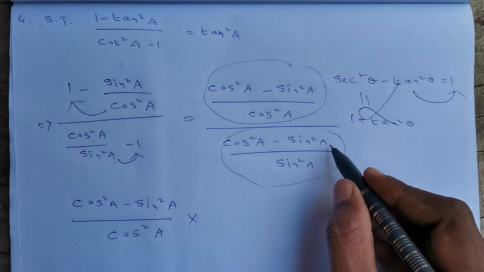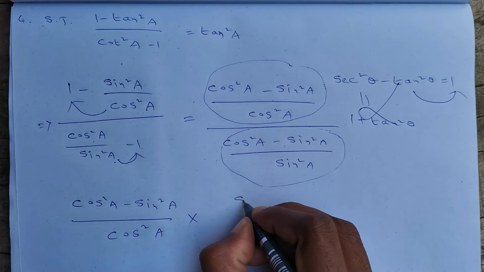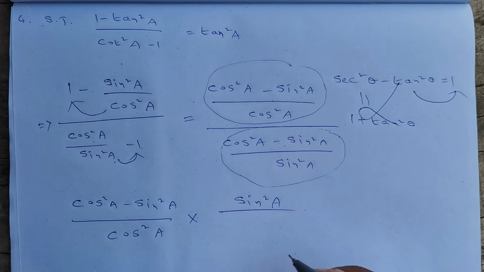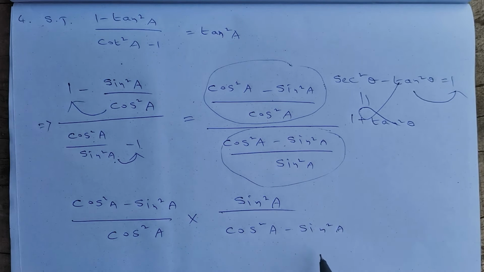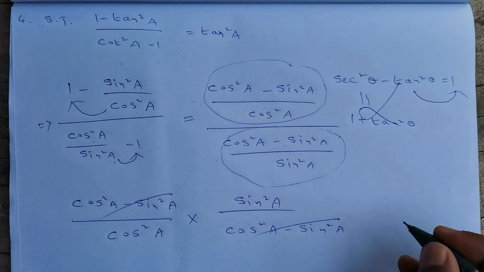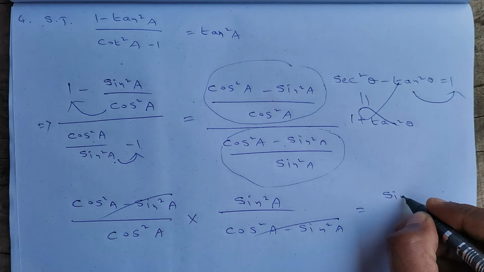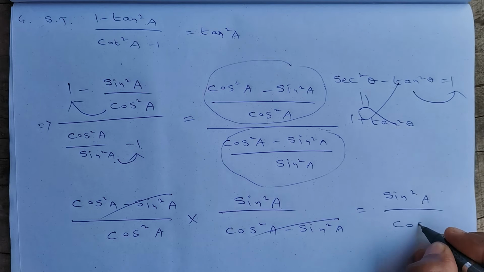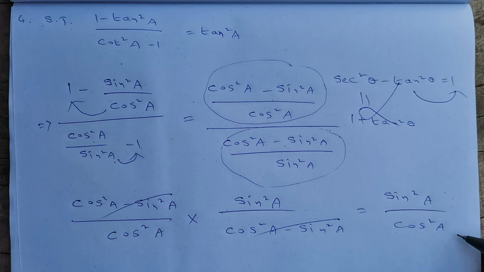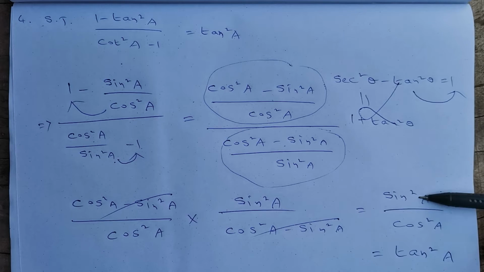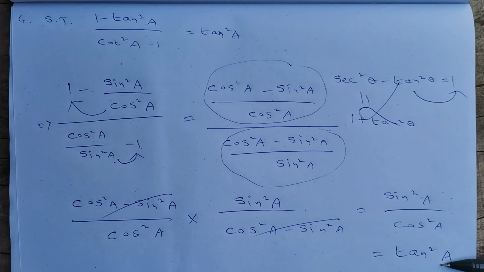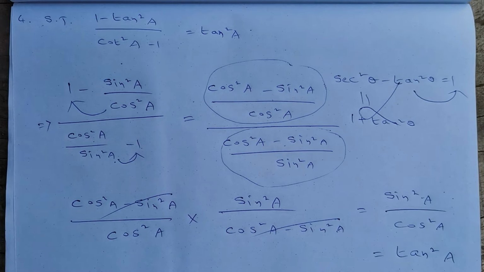So cos square A minus sin square A divided by sin square A can be written as sin square A divided by cos square A minus sin square A. Here cos square A minus sin square A and cos square A minus sin square A will get cancelled, so we remain with sin square A divided by cos square A. Sin by cos is tan, so this is equal to tan square A. Hence proved.